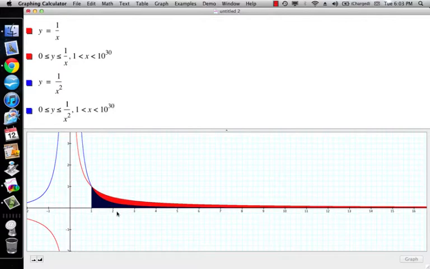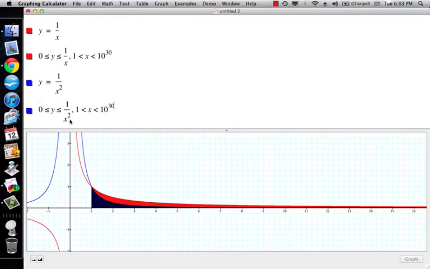It does not look like there's a big difference between the red and the blue, but there's all the difference in the world between infinity and 1. Red has an area of infinity, blue has an area of 1. We cannot integrate from 1 to infinity, but if we could, the red would blow up, the blue would stay finite.